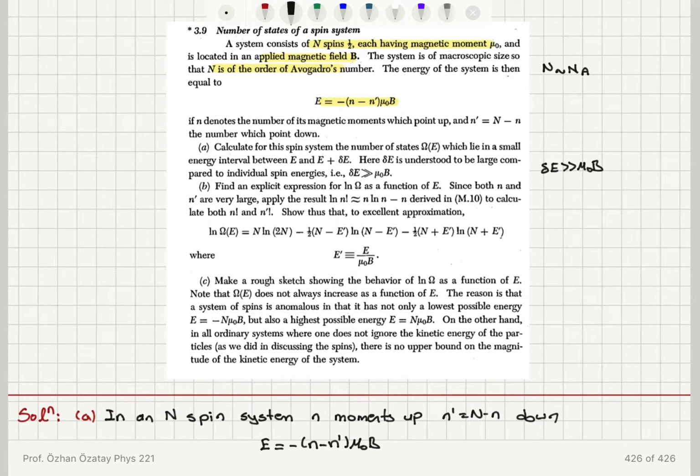Since the magnetic field is pointing up, we're looking at the net up moment, which is minus (2n minus capital N) mu0 B, because n plus n prime is equal to capital N. So for n prime, we substitute capital N minus n.